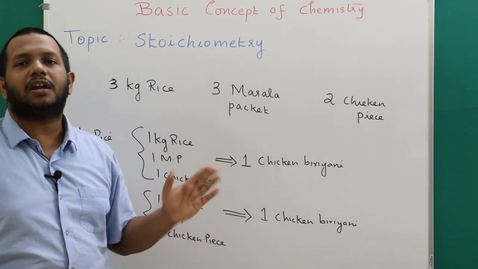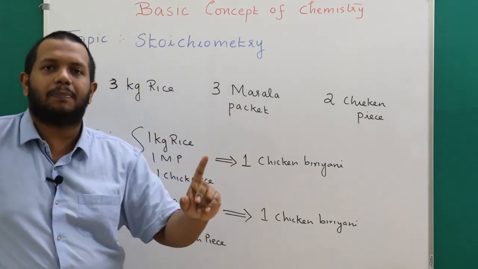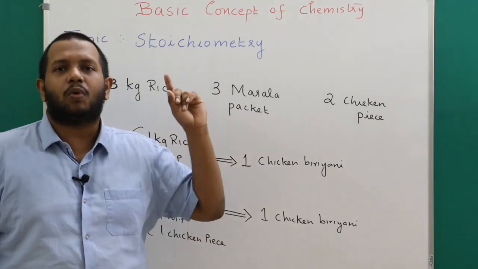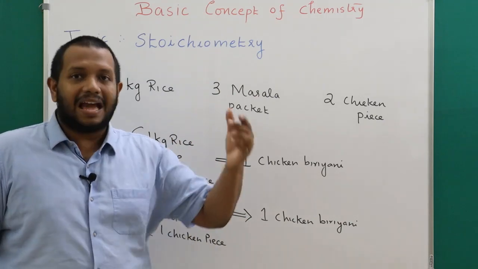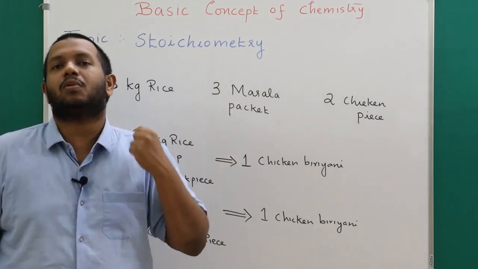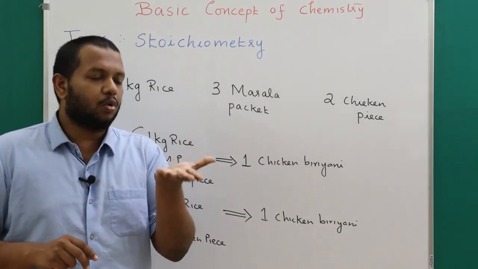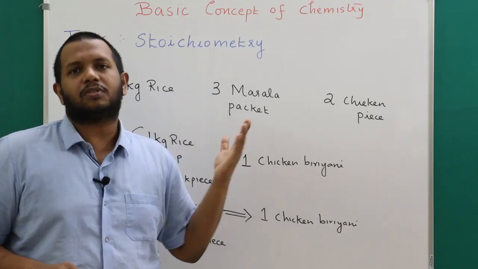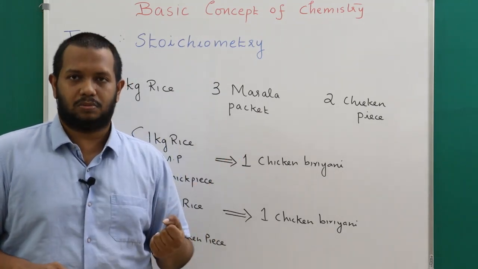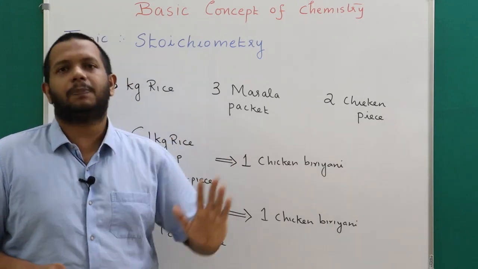So for chicken biryani you understood that you need 1 masala packet, 1 chicken piece and 1 kg rice. That 1:1:1 is your constituents ratio, or in chemistry we say the stoichiometric ratio. You should always keep that in mind.